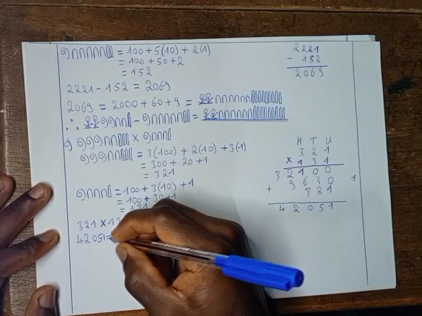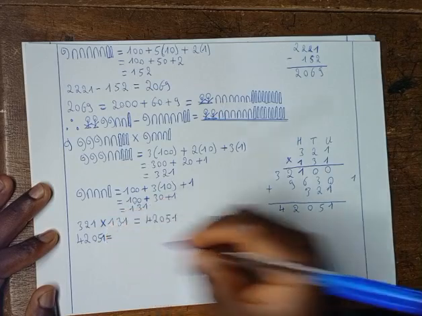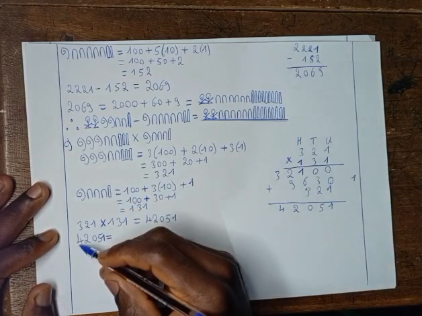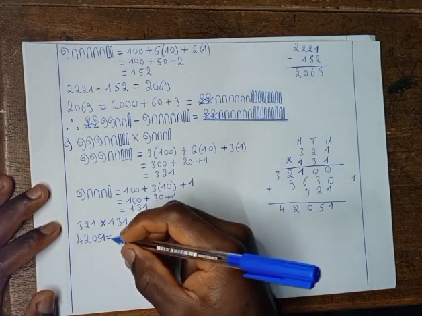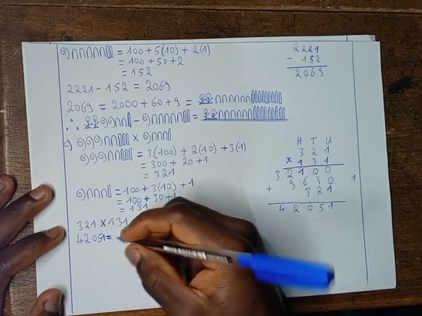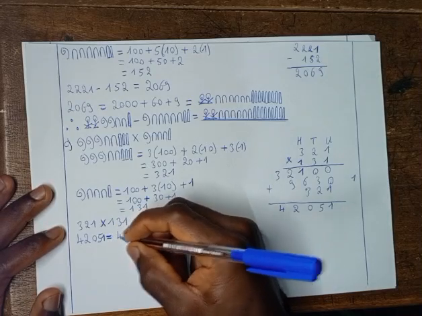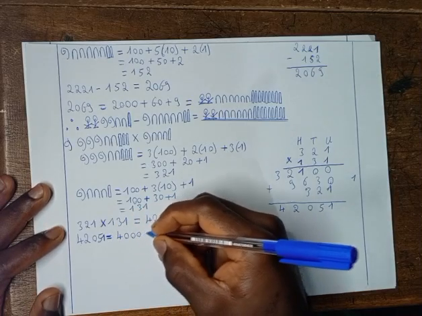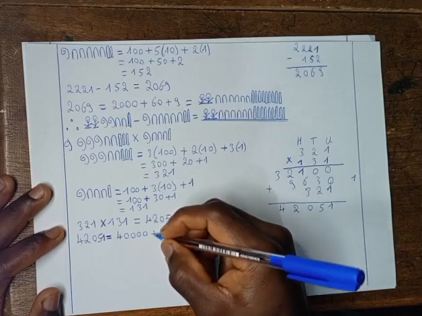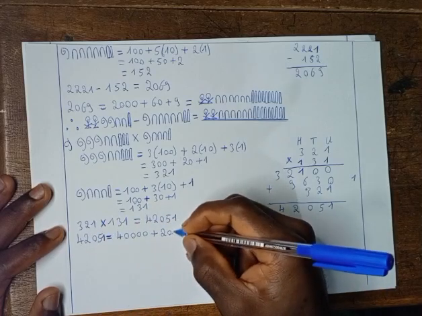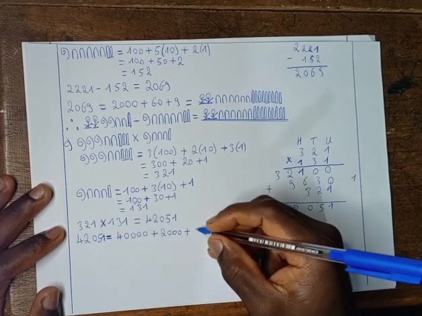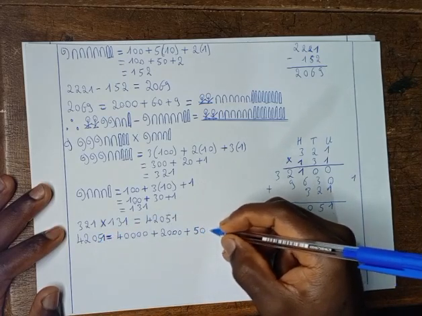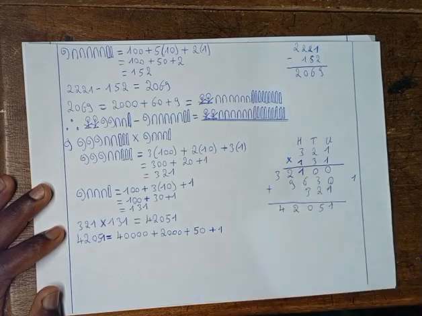Next step now, we have to convert the result 42,051 to Egyptian numerals. We know the first digit, starting from the highest place value, 4, has the place value 10,000. So we have 4, which has a value of 40,000, plus 2, which has a value of 2,000, plus the next 0, we're going to ignore 0, plus 5, which has a value of 50, then plus 1.